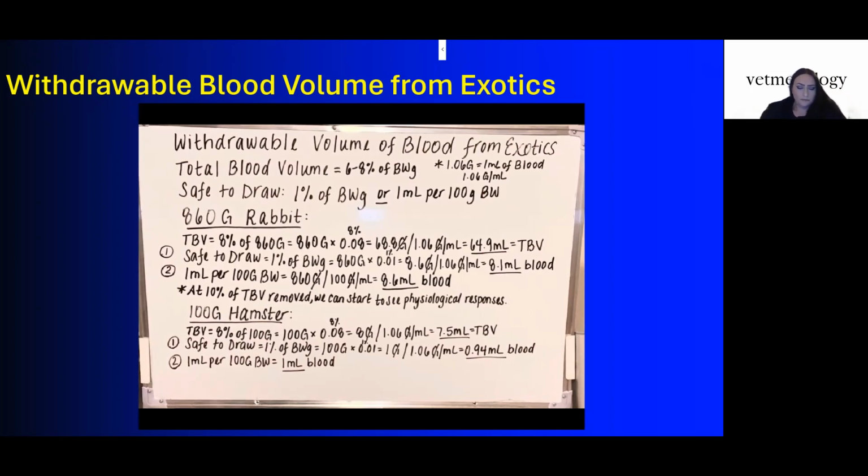The first method, 1% of body weight in grams, equals 100 grams times 0.01 equals 1 gram, divided by 1.06 grams per ml of blood equals 0.94 mls of blood. And with the second method, 1 ml per 100 grams of body weight, we've got 100 grams of body weight, so it's 1 ml of blood.